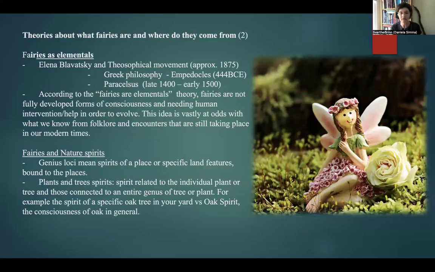So now, what is more upsetting to me, at least, about this view of fairies as elementals that is promoted by the Theosophical movement? This theory presents fairies as not fully developed forms of consciousness. So they're there, not really knowing what to do about themselves, needing human intervention. So they need human thought and human intent to take shape, to manifest.